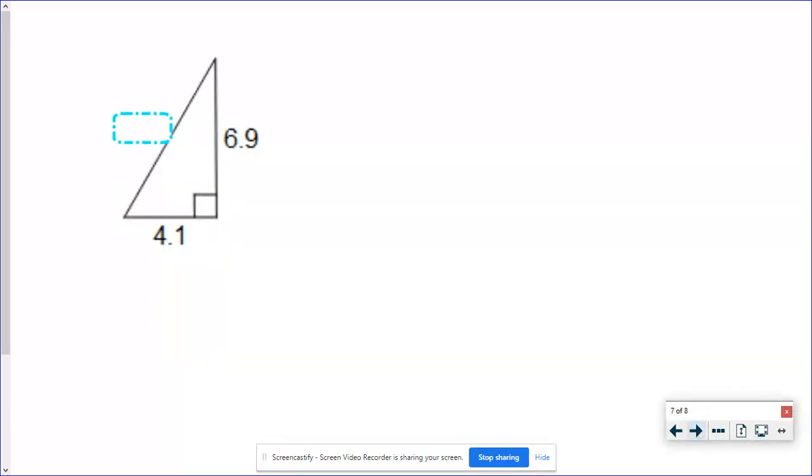And for this last problem, again, just throwing in some decimals, I am looking for the C again. So this is going to be the C. That means that these other two numbers could be the A or the B. It really doesn't matter.